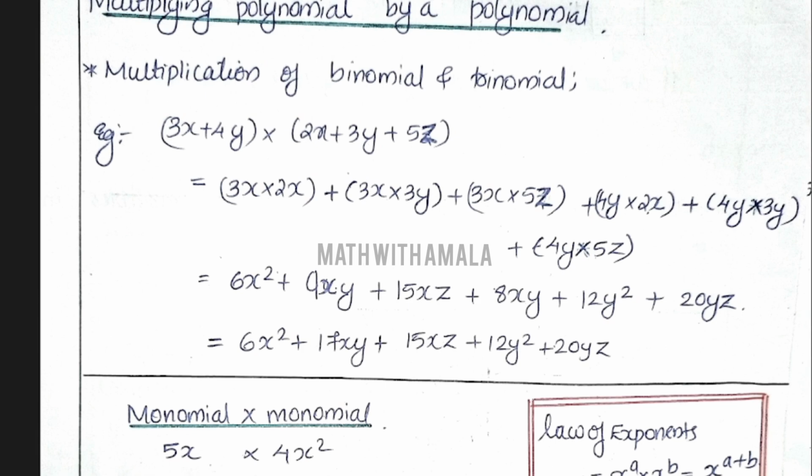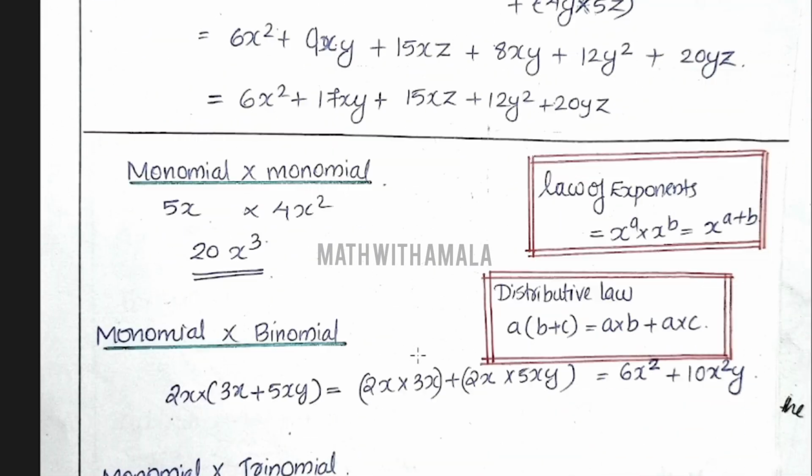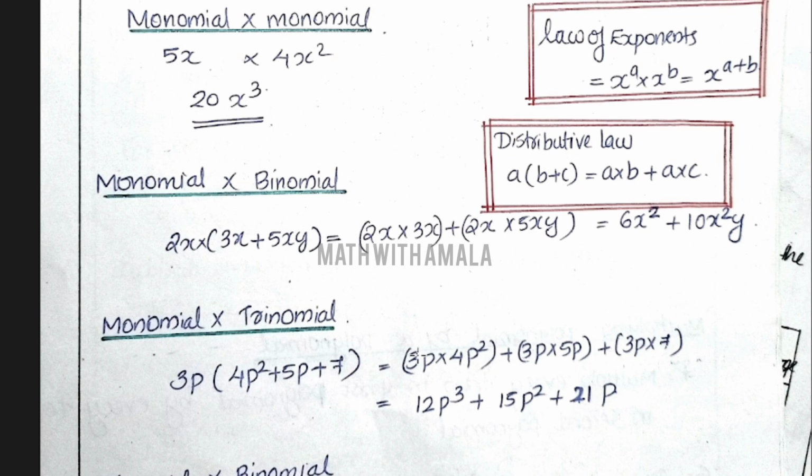Now let's do how to multiply polynomial by a polynomial. Let's split the cases like multiplication of binomial and trinomial, monomial. In the binomial trinomial multiplication, you have to take that binomial towards each term of the trinomial.